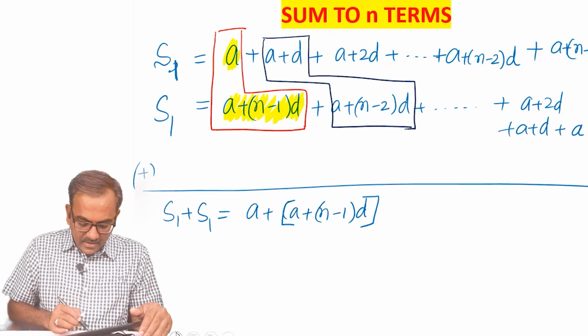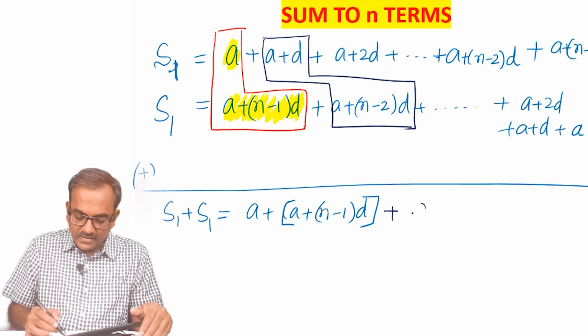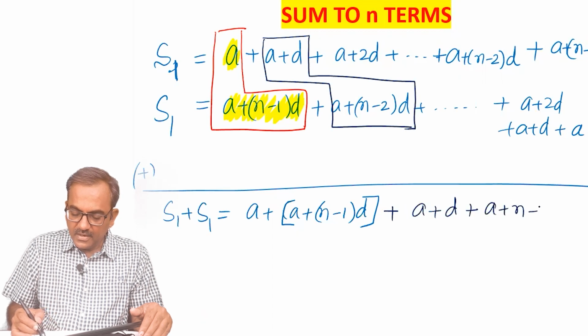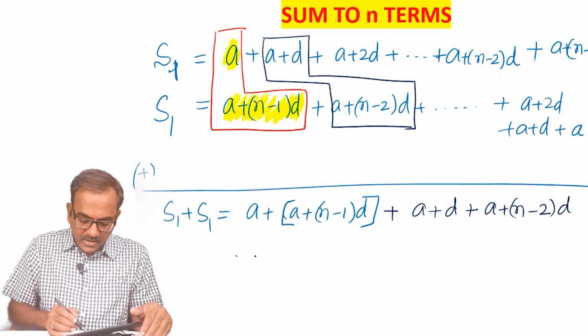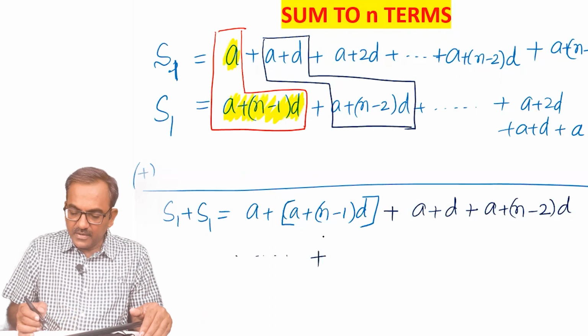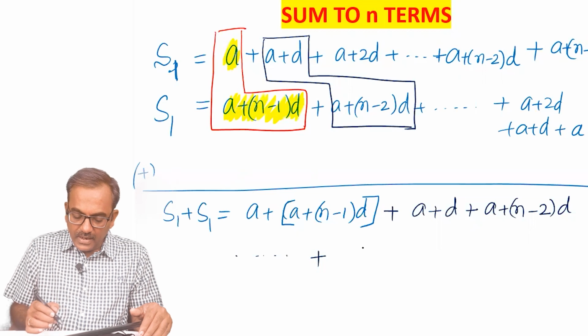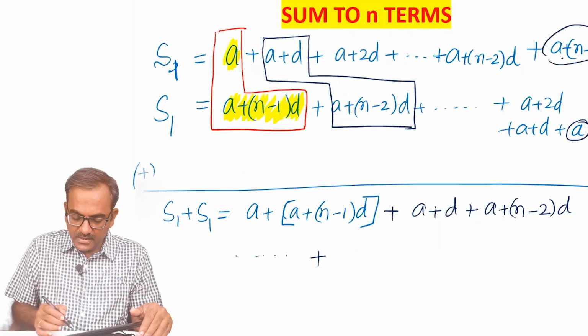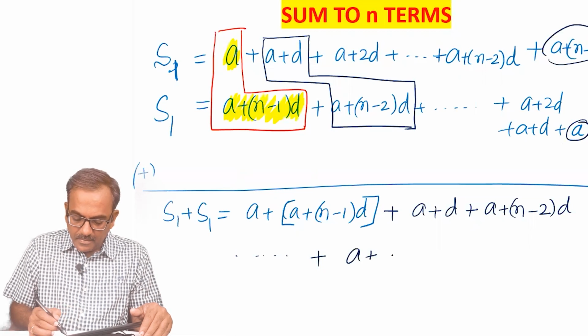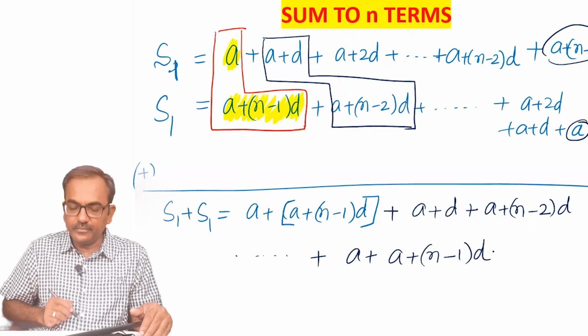I will be adding a plus d plus a plus n minus 2 times d. Similarly, I will be adding all the terms, and again I will end up with the last term here and the last term here, a plus n minus 1 times d.